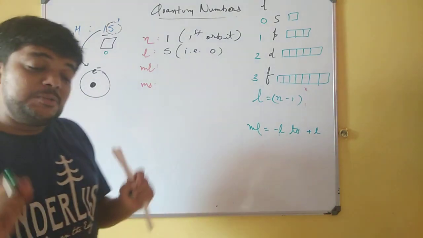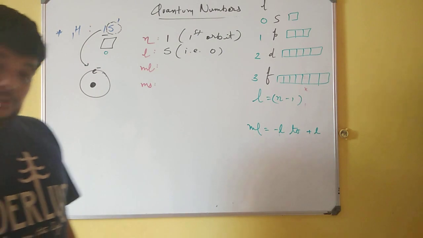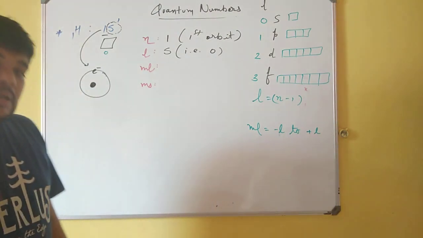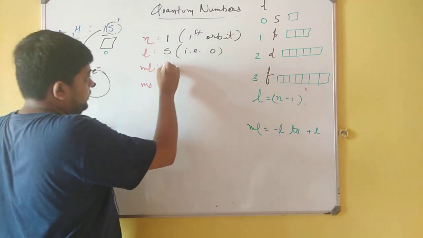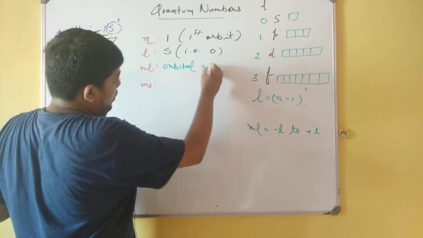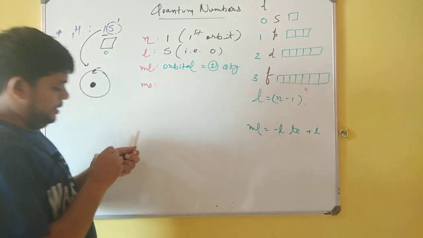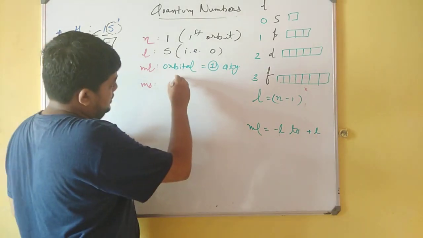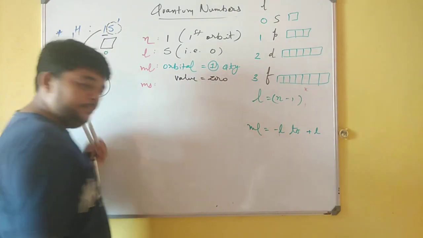Remember very well what I am speaking. The value for the square box is 0, because it is just one orbital in quantity and its value is 0.